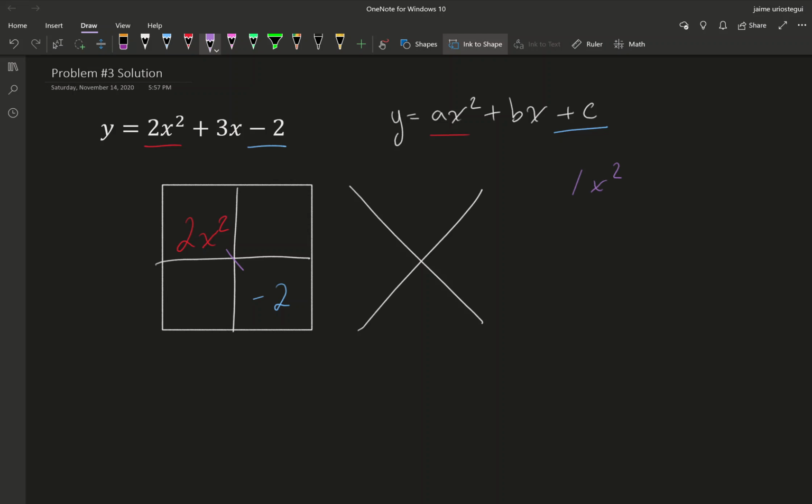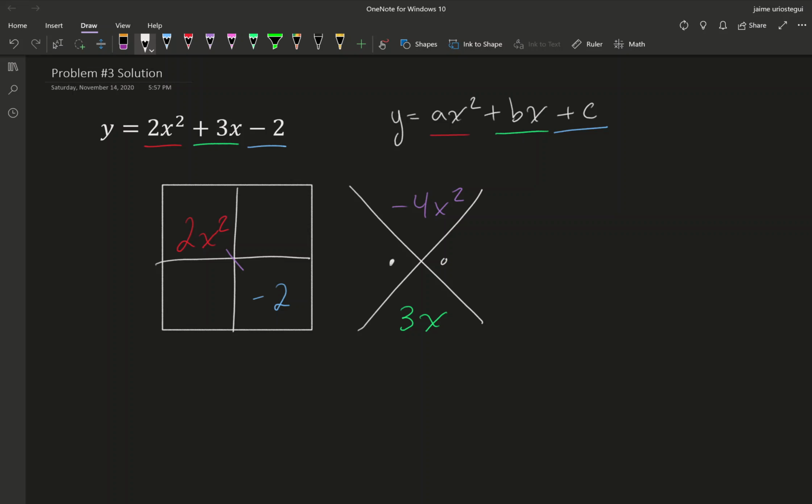So 2x squared times the negative 2 will give us a negative 4x squared. And we're going to take this negative 4x squared and use it here. And we're also going to take this 3x here, our bx term, and plug it in down here. This is our setup to be able to factor this and solve for x using the box method.